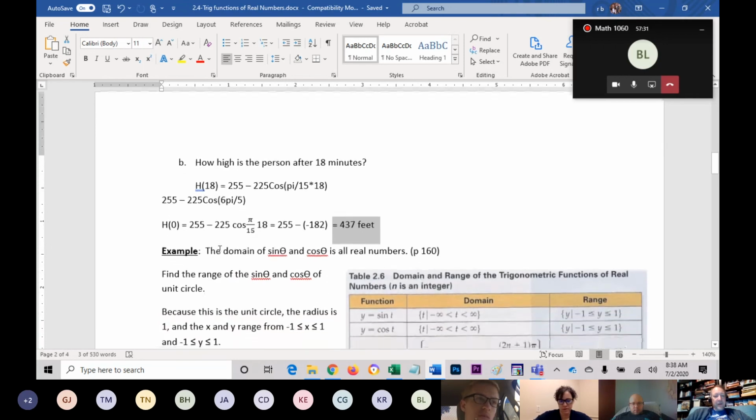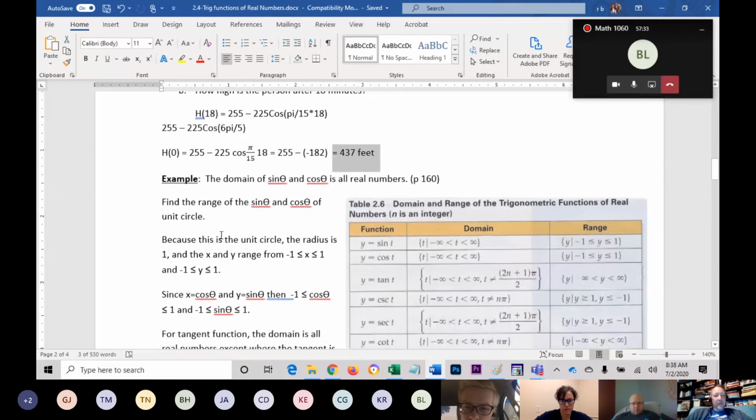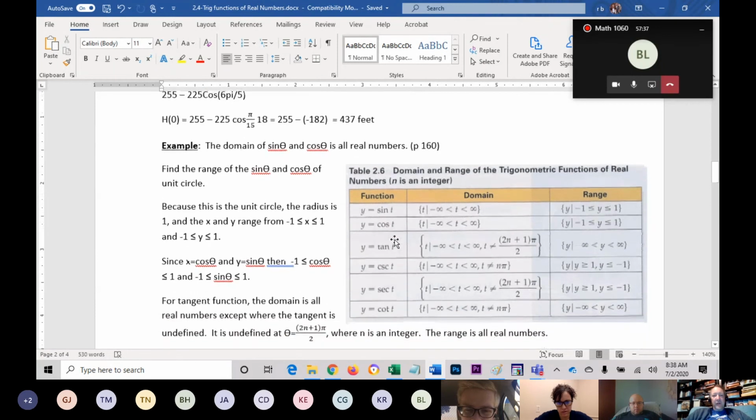All right. Let's talk about the domain of the sine and cosine. We've got this table 2.6, which is on page 160 in your book. If you have the function y as the sine of t, your domain is all real numbers, and your range, y, is always going to be between -1 and +1.